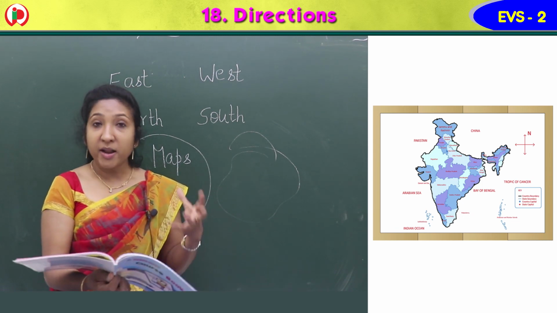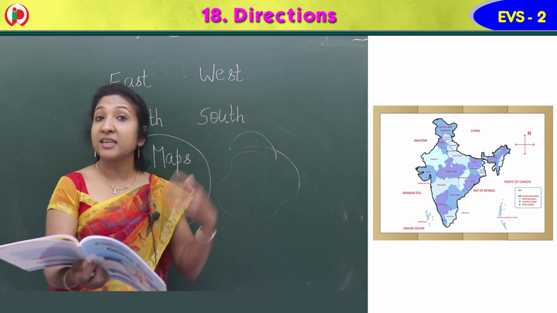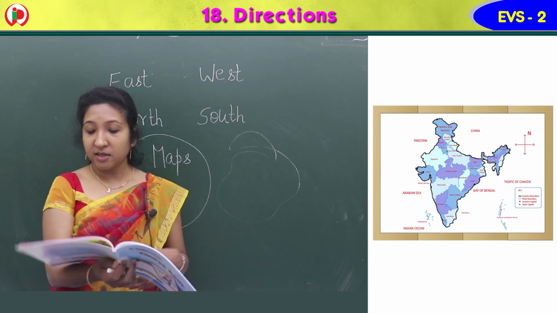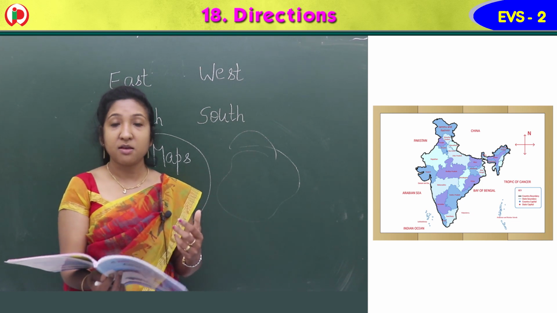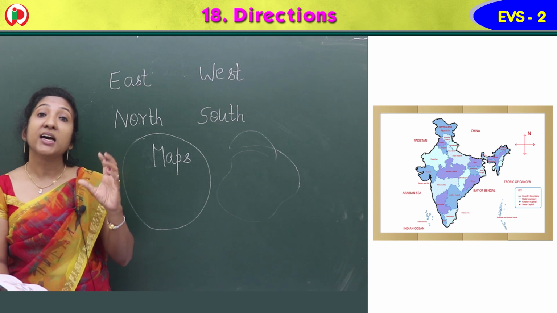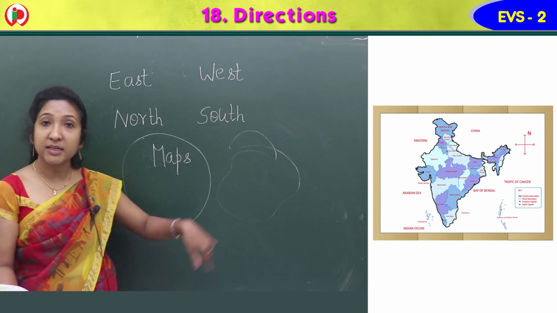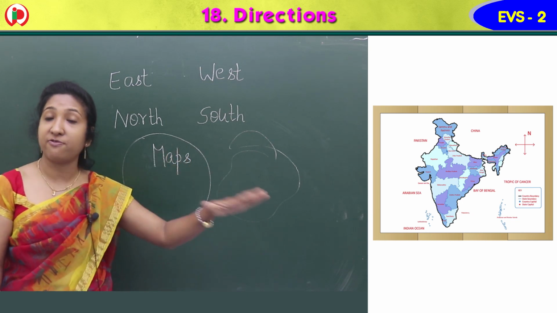Then on a map, east is right. The right side of the map is always east, and the left side of the map is always west. So these directions help us in reading maps. Map means drawing of the earth or an area on a flat surface.